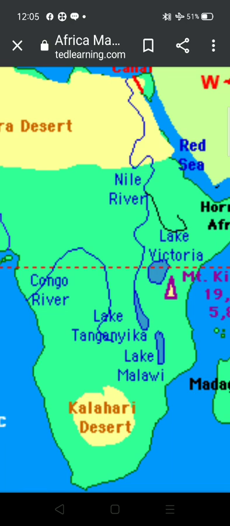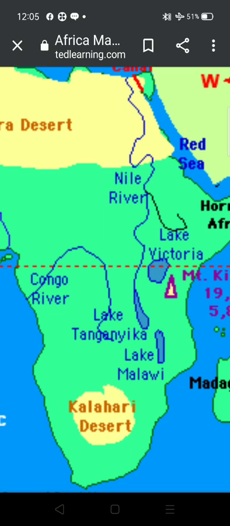The center of Africa is very hot. Above and below the equator, the Tropic of Cancer and the Tropic of Capricorn also pass through this continent. The region in between the Tropic of Cancer and the Tropic of Capricorn, around the equator, is very hot.